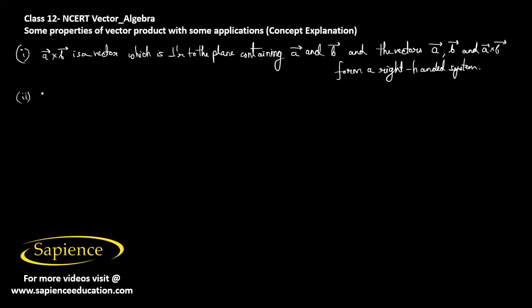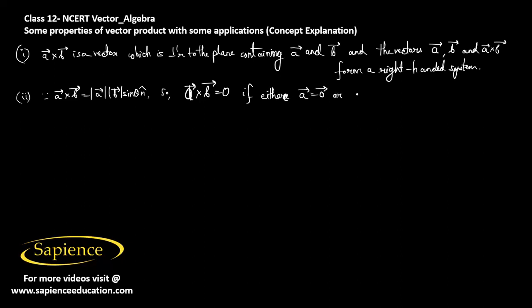And the second rule is that since A vector cross B vector equals magnitude of A into magnitude of B into sine theta into n cap, the A vector cross B vector is equal to 0 if either A vector is a zero vector or B vector is a zero vector, or the angle theta is 0 degree.